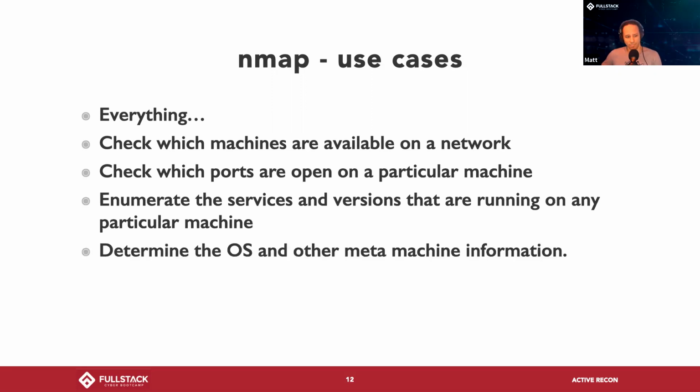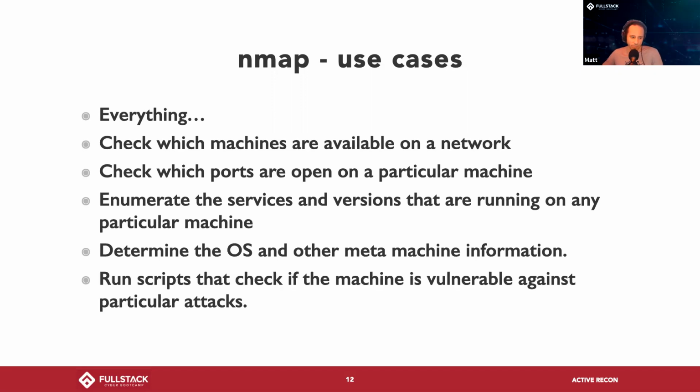We're going to determine what OS is running, or at least get some hints, and other kinds of machine information. And we can also use it to run scripts and check if the machines are vulnerable. You're not going to write any of these Nmap scripts yourself. We're just going to use scripts that other people have written. And obviously, there's tons more we can do with this.